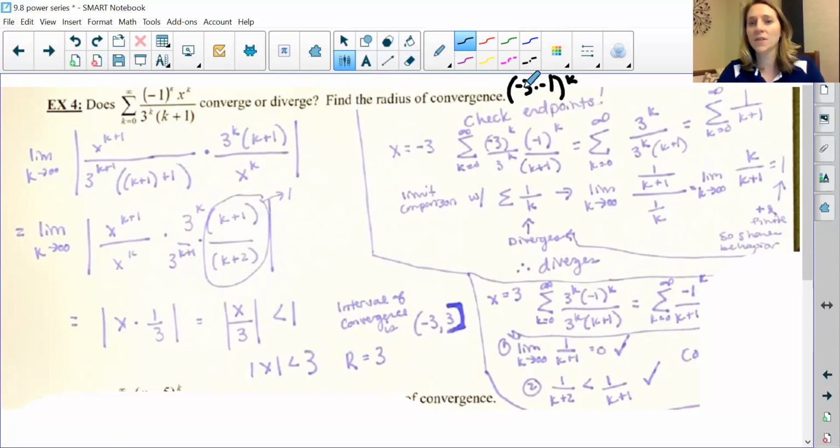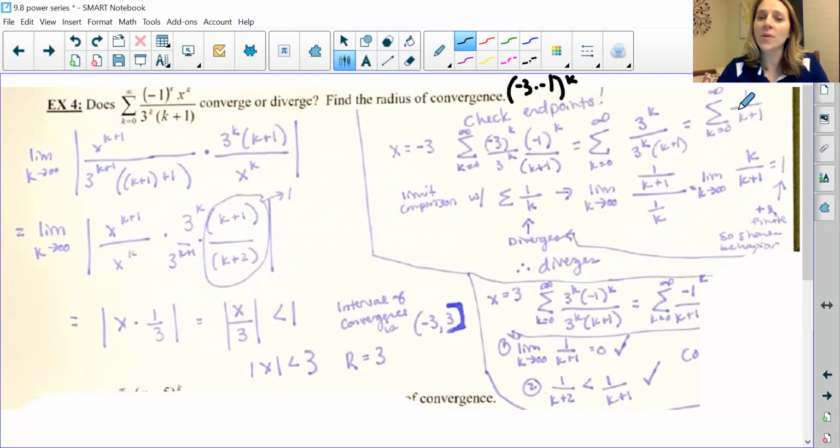And so that's just going to be 3 to the k, which is this 3 to the k here. And then 3 to the k times k plus 1. So then that is going to be 3 to the k over 3 to the k can cancel, and then becomes 1 over k plus 1.